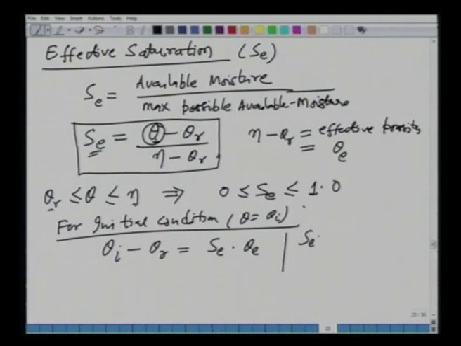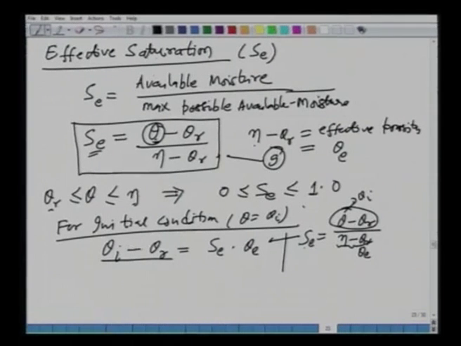From the definition of SE, it is theta minus theta r over eta minus theta r. In this, we put theta is equal to theta I, and this whole denominator is effective porosity. So, theta I minus theta r, the numerator here, will be equal to SE times theta E. Good. And let me name this equation number 9.